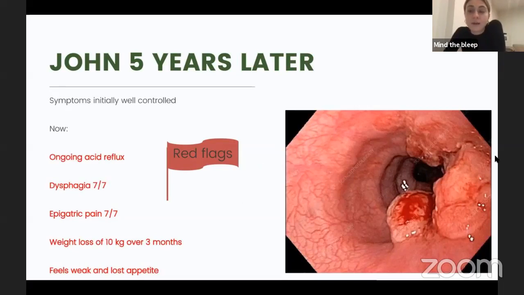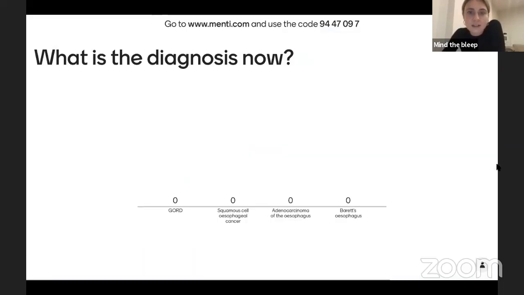On the right-hand side, you can see the latest endoscopy that John had performed. So this is the view of his esophagus. And what do you think the diagnosis is now?